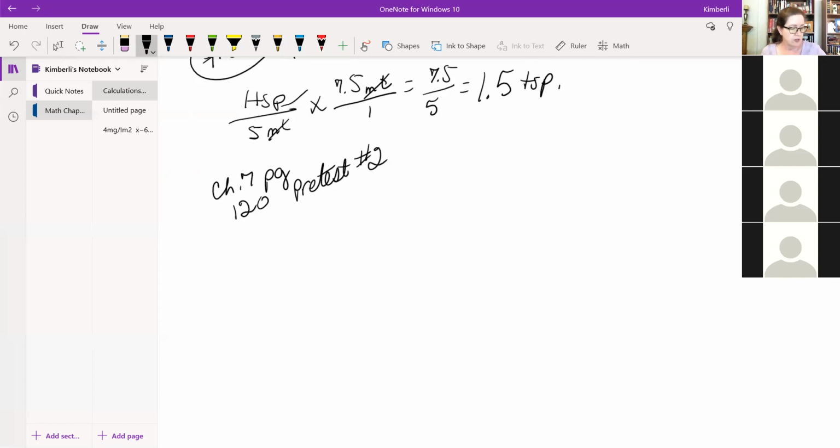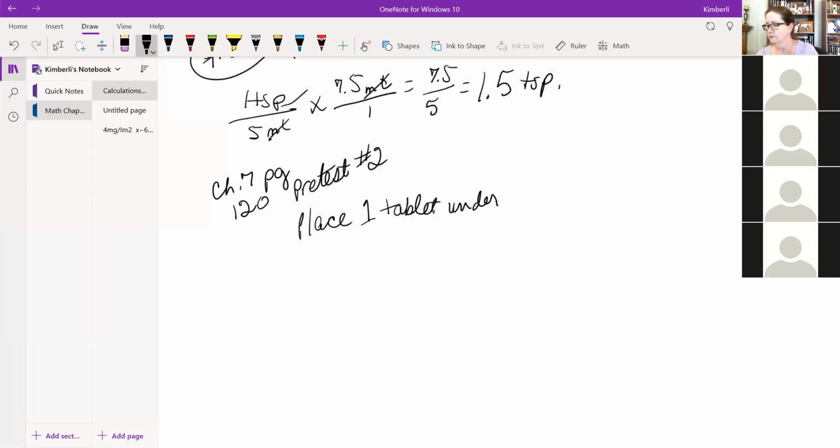Okay, so what would your label directions say? Place. We always have to have a verb with label directions. So we're going to say place, how many tablets? It would be one, right?